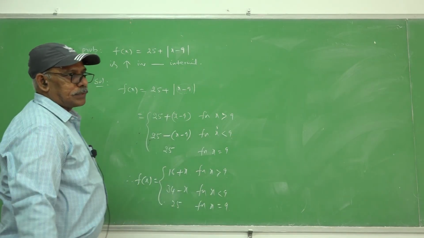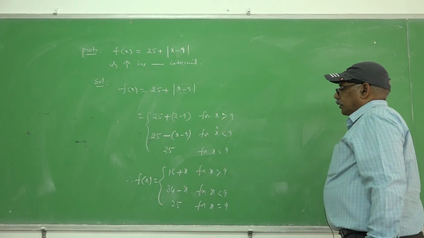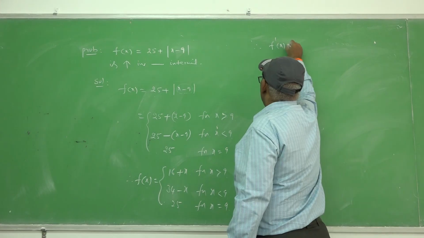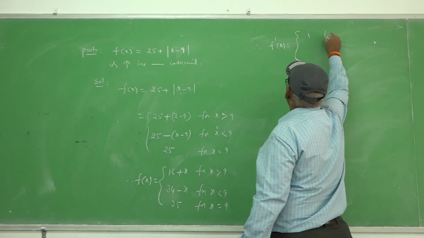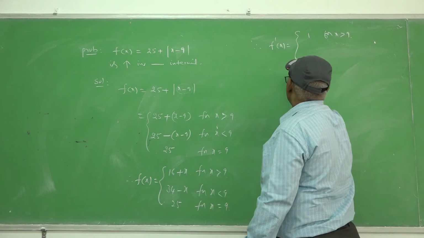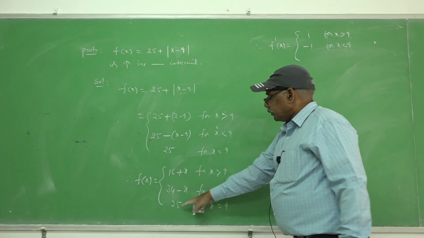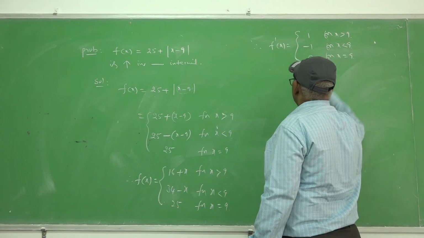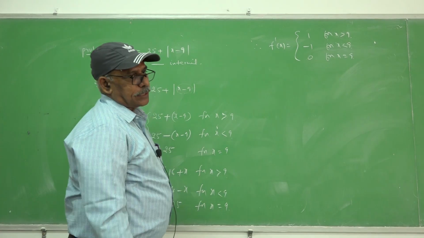This is the actual given function, once you evaluate it. So, f dash x, the derivative of this part, is 1 for x greater than 9. The derivative of this function is minus 1 for x less than 9. The derivative of the constant function is 0 for x equal to 9. That is the derivative of the given function.